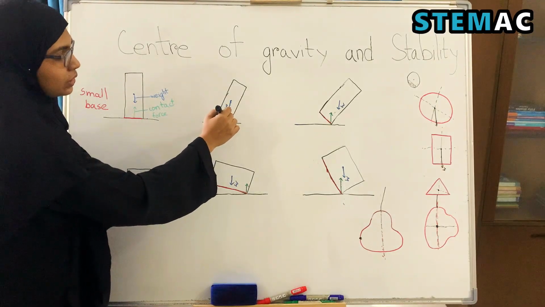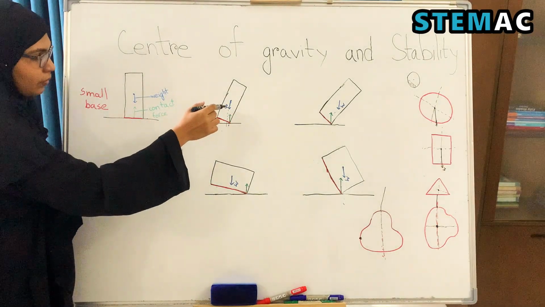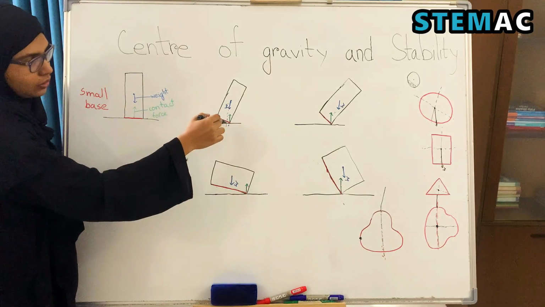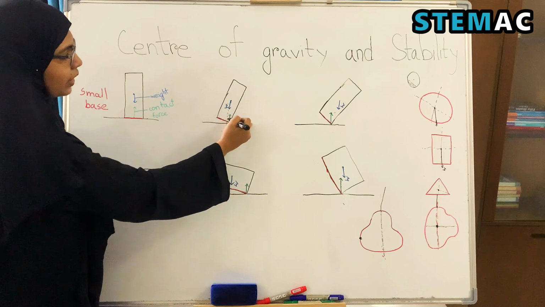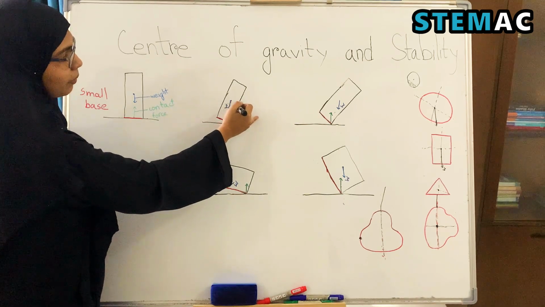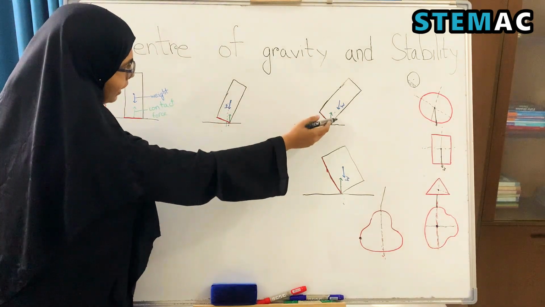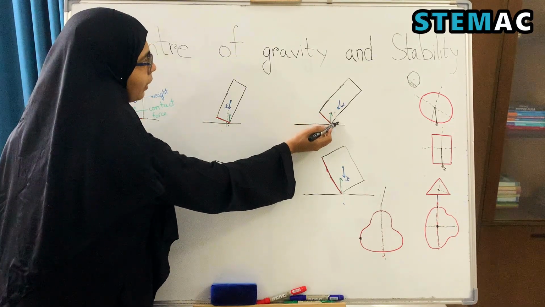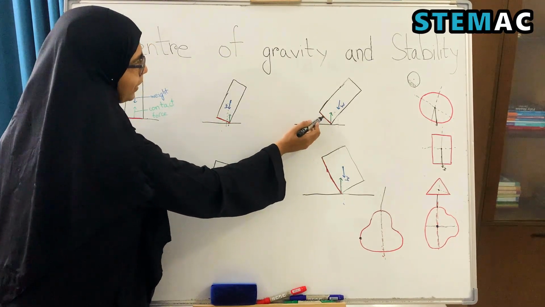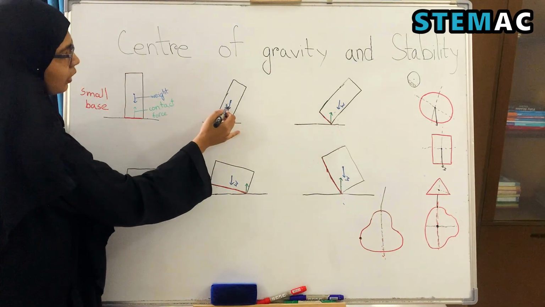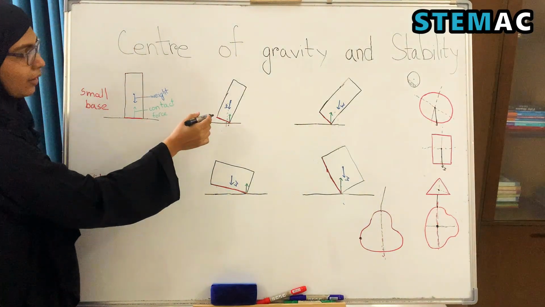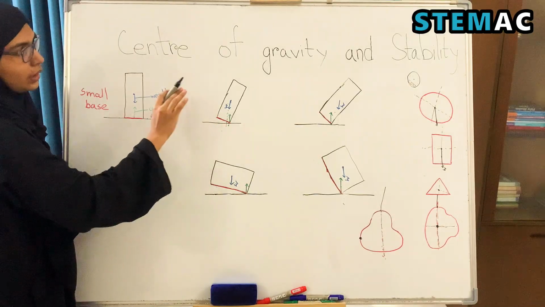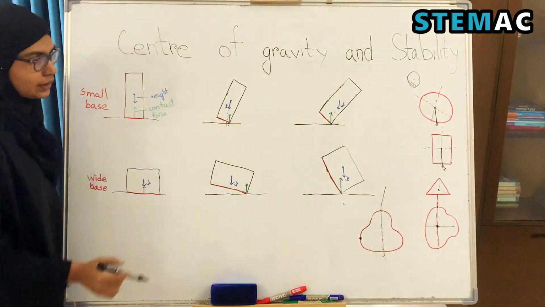The weight force is acting from this point, but it does not pass over the base like here. This is the base, this is the base. Here the weight force has passed over the base, and here the weight force hasn't passed over the base yet because there is less tilting.